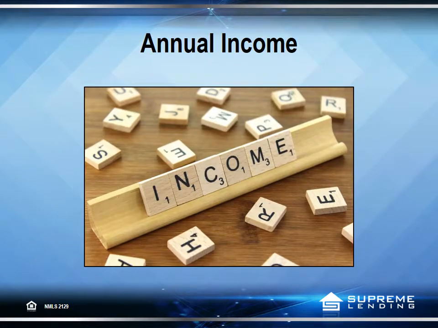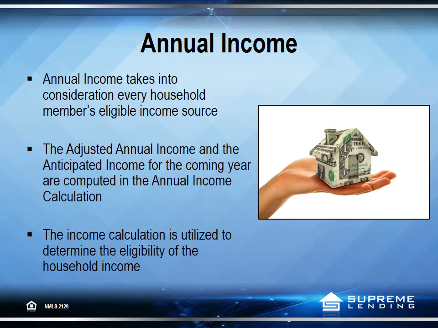Let's first take a look at annual income. Annual income takes into consideration every household member's eligible income source. The adjusted annual income and the anticipated income for the coming year are computed in the annual income calculation.